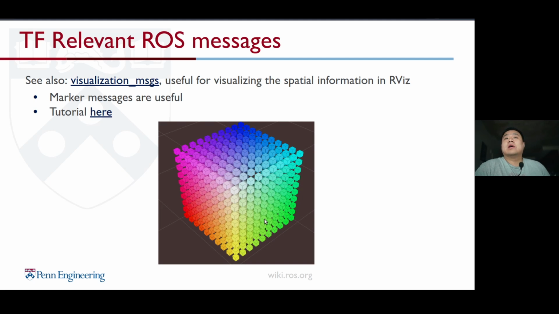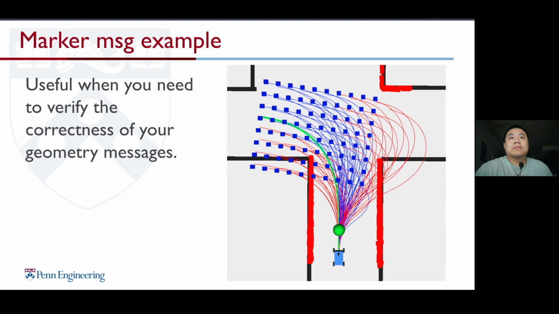The second relevant ROS message is the visualization messages. It's useful for visualizing the spatial information when you need to debug something in RViz. For example, marker messages are very useful, and I've included a link to a tutorial here that goes over all types of marker messages that might be helpful for your specific project.